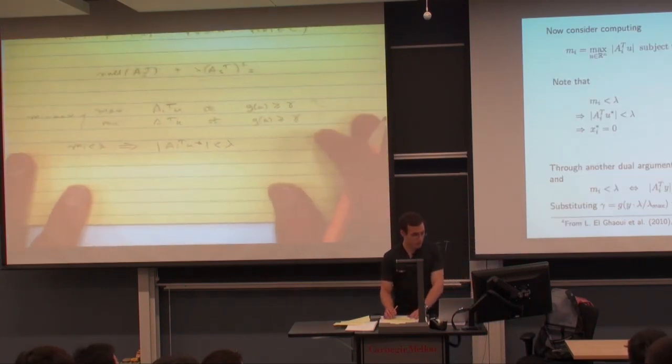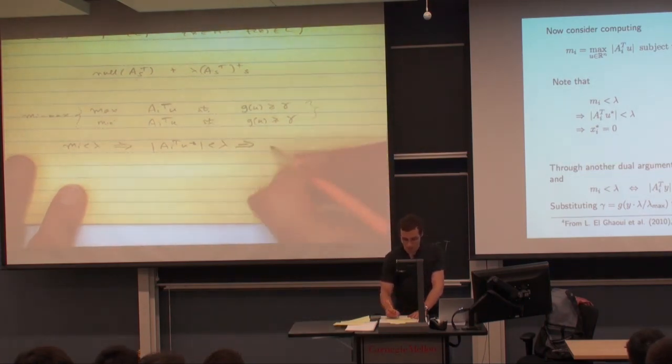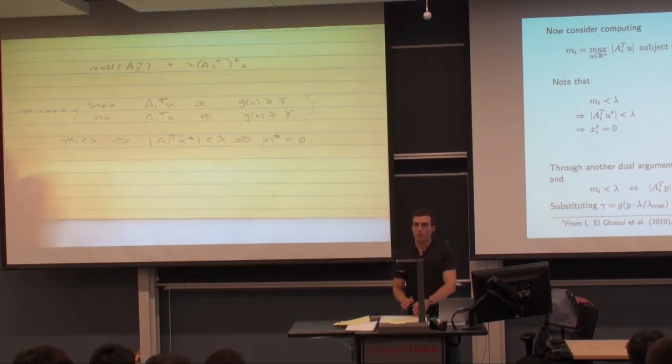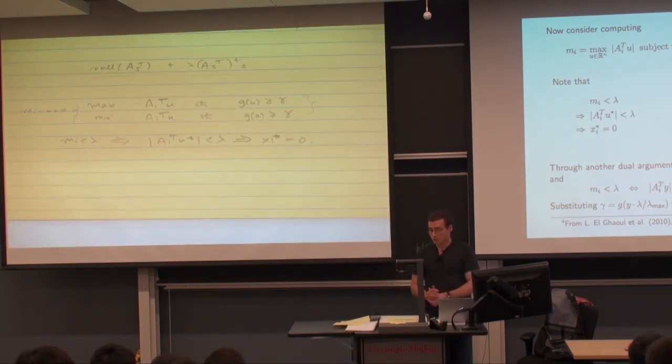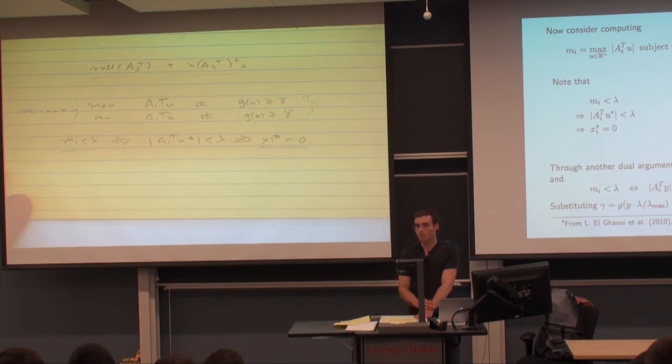Okay, but that in turn, from the KKT conditions, when we looked at the stationarity condition, implied, remember we talked about this a few slides ago, that the ith component of the Lasso solution is 0. So if I can actually solve these problems, and the solution happens to be smaller than lambda, I can throw out the ith variable from the Lasso problem successfully.